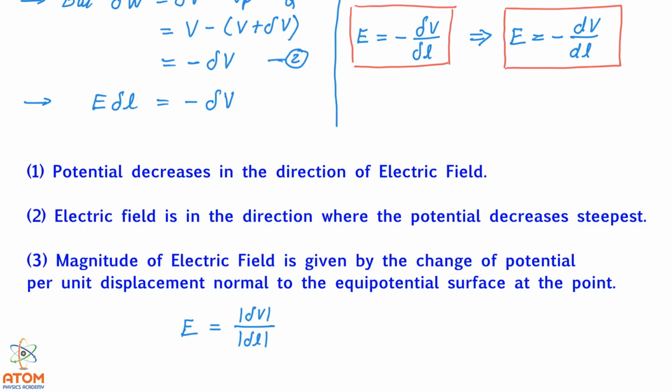So again I am reading this. The magnitude of the electric field is given by the change of potential per displacement normal to the equipotential surface at that point. Obviously the electric field will be normal to the equipotential surface at that particular point.